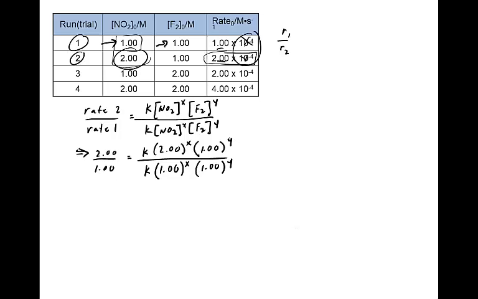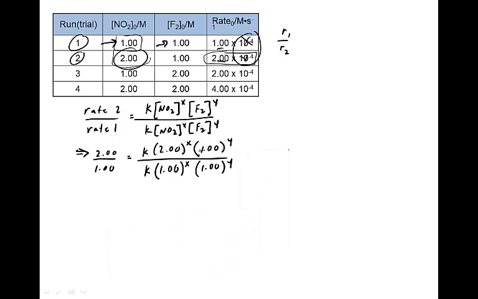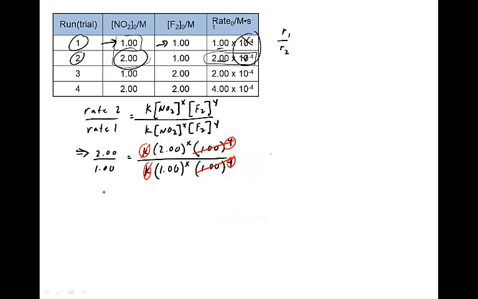Alright, so you'll see that because F2 was kept constant, this whole term here cancels out, including the y, which is the whole reason you do this, to reduce this to just x, and you'll also notice k cancels. So you'll see that x equals 1 here. You're going to get 2 equals 2 to the x, therefore x must equal 1.